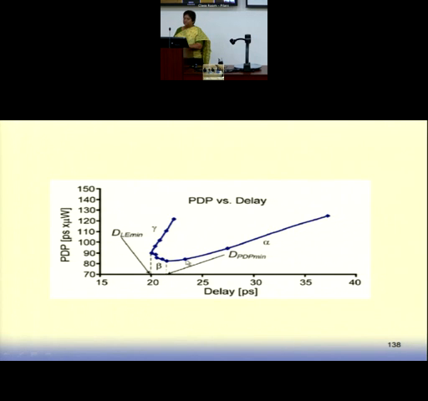As a result, PDP is also rising. Between this point and this point, below this point and beyond this point, I have PDP rising. Why? Because either delay is increasing drastically or power is increasing drastically.